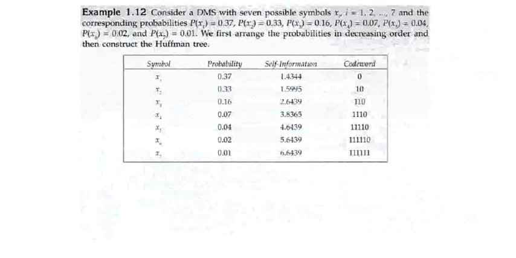These are the probabilities of symbols x1 to x7.